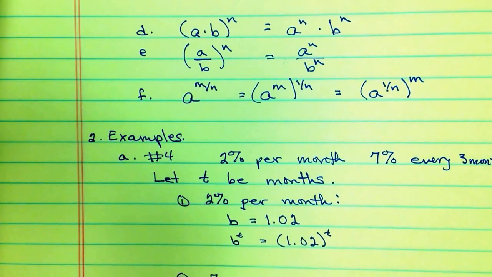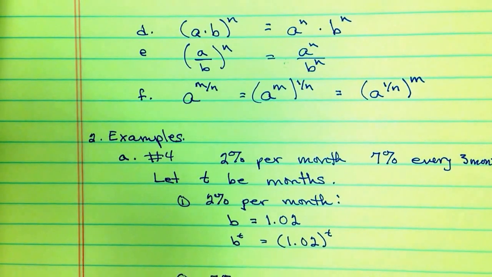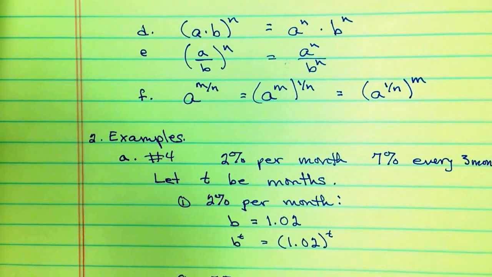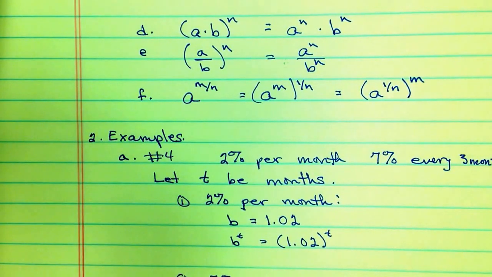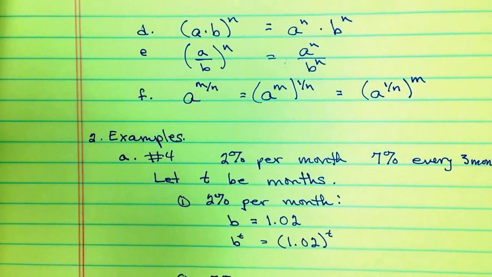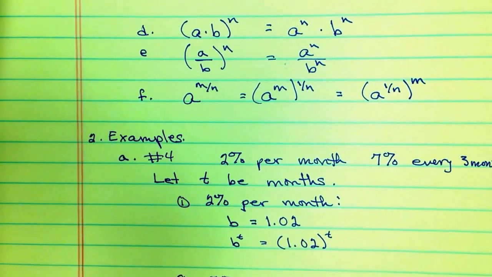Then if I have 7% every 3 months, what's our b value going to be? That's going to be 1.07, right? But then we have to take into account the 3 months. So our b to the t is actually going to be 1.07 to the t divided by 3 because of the every 3 months.